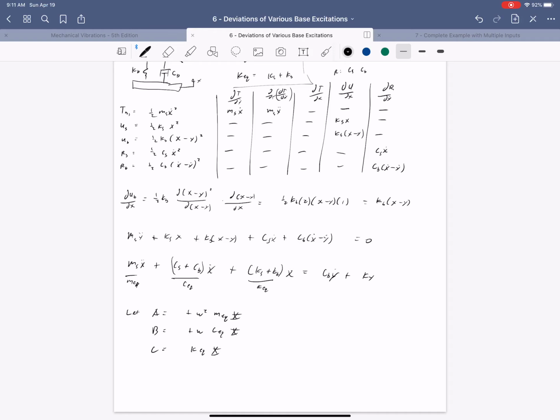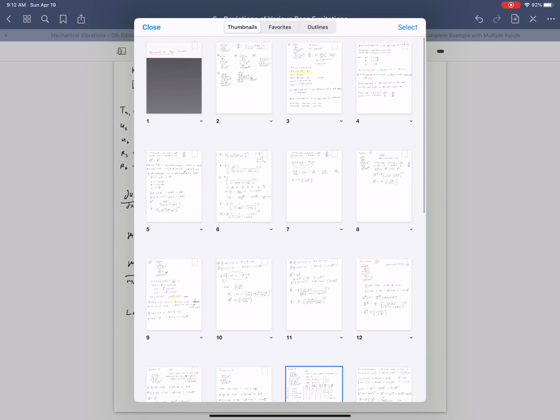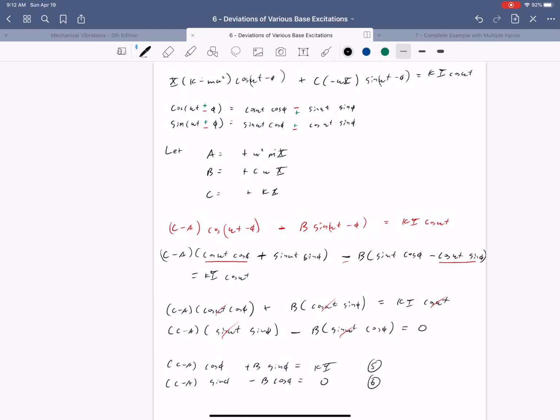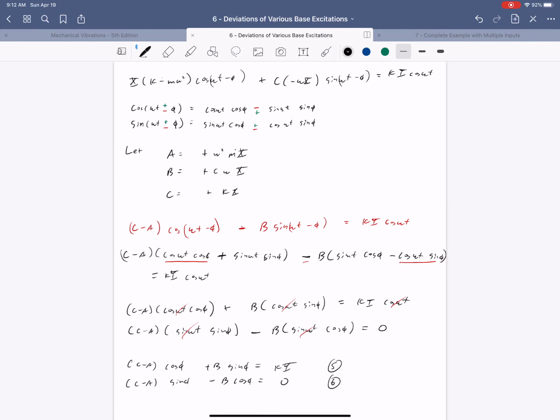Let's go back in my notes just to make sure I'm not doing anything incorrect. And there we go.